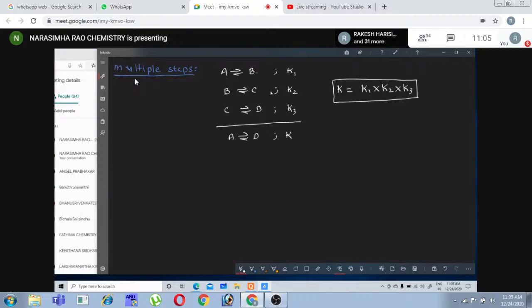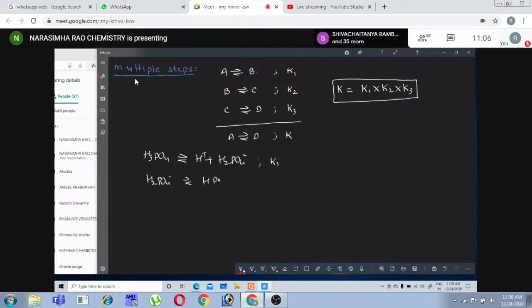For multiple steps, for the example I am taking, children, H3PO4 is in equilibrium with H plus and H2PO4 minus. For this one it is K1. And the reaction H2PO4 minus is in equilibrium with HPO4 2 minus.